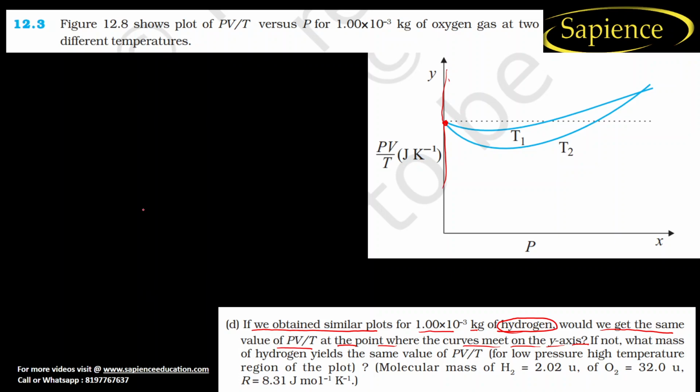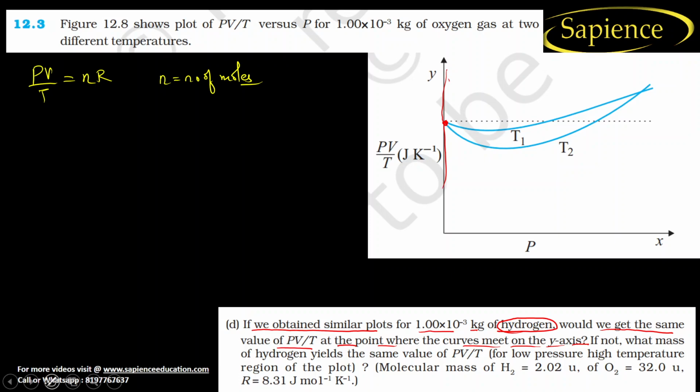See, we don't have the same number of moles. If we talk about the value of PV by T, this is equal to nR, where n is the number of moles.